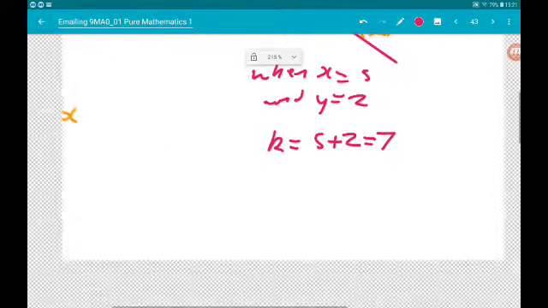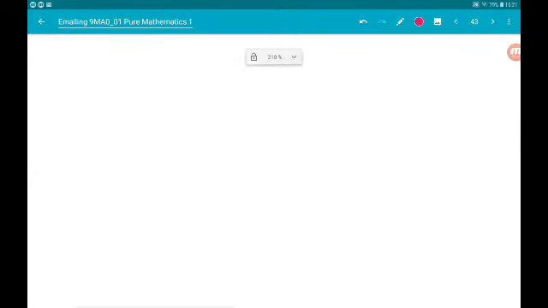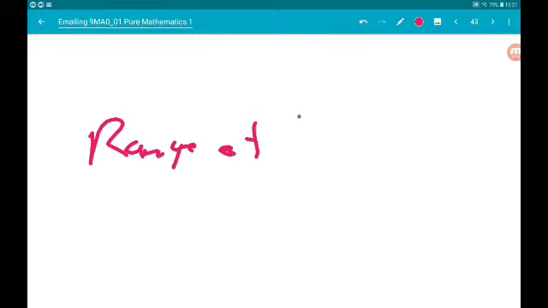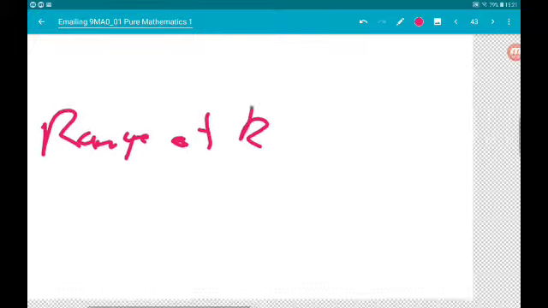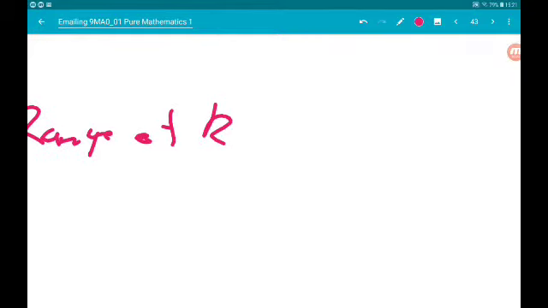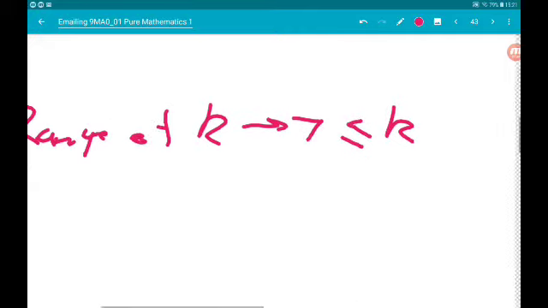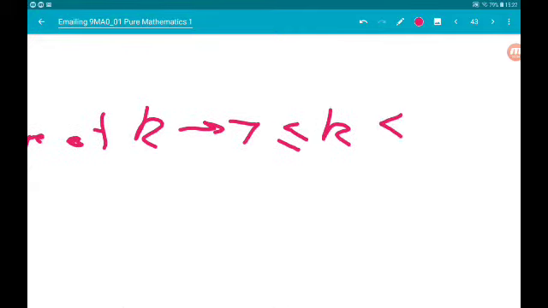So we now know then the range of k is such that k can be greater than or equal to 7, but less than 37 over 4.